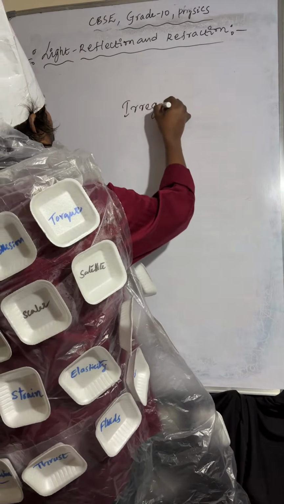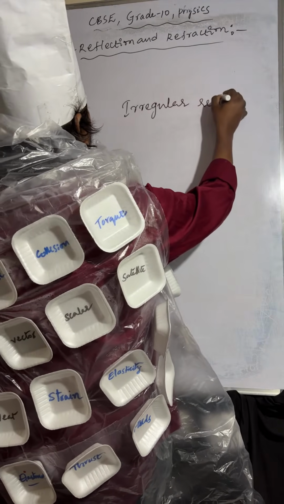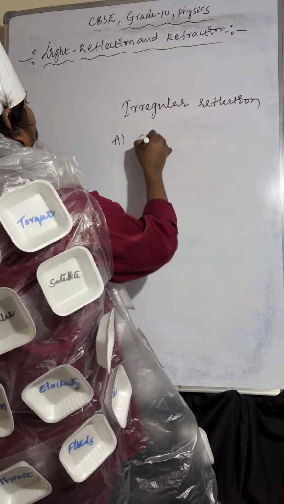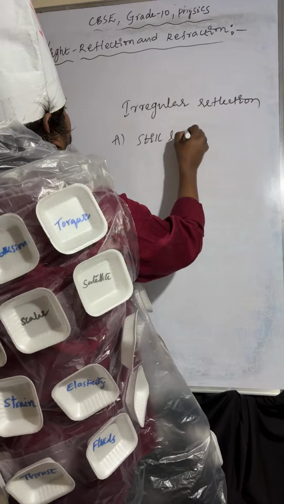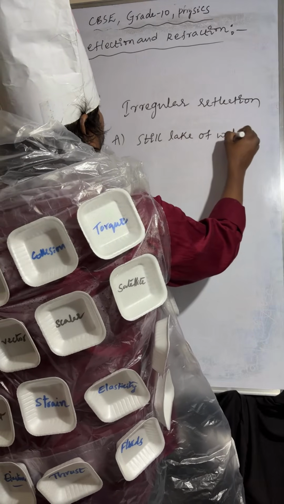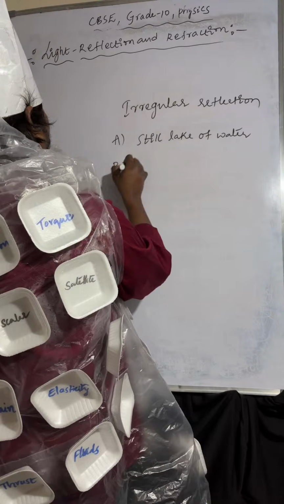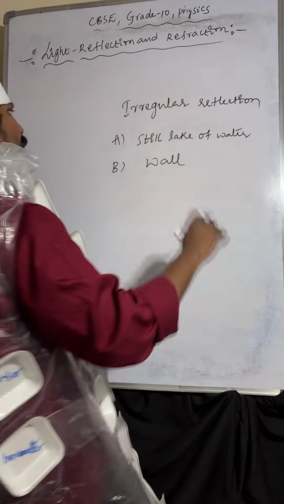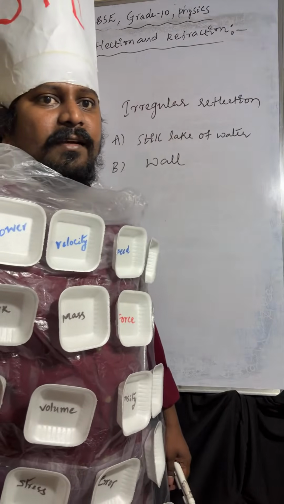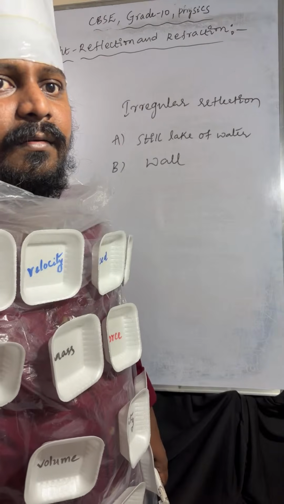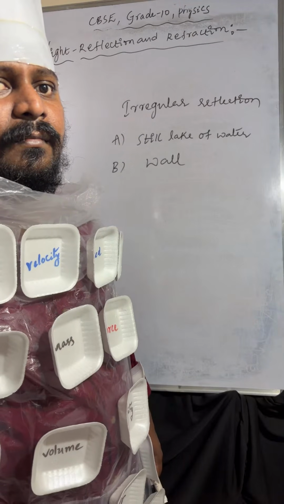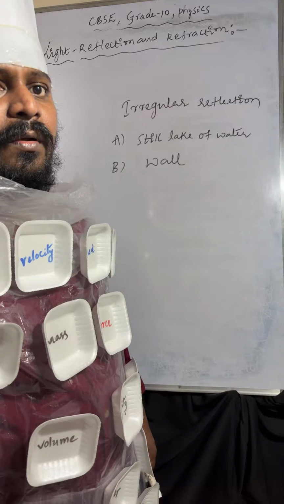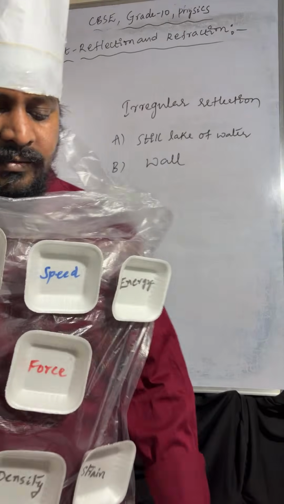Coming to irregular reflection, it takes place on, option A, still lake of water, and option B, wall. Irregular reflection takes place on... what is the option?